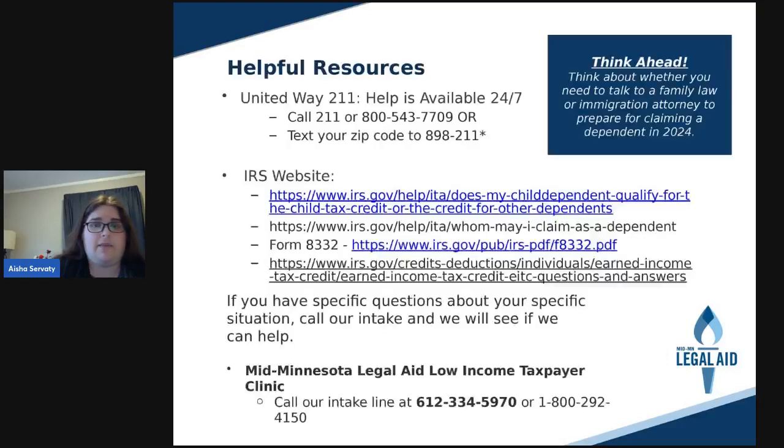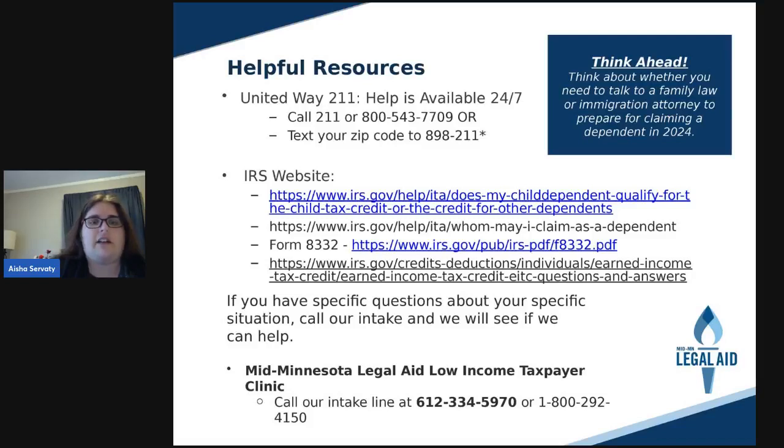So I just want to note some helpful resources. United Way 211 has available help in a variety of areas, not just tax. So they're available by calling 211 or 1-800-543-7709 or texting your zip code to 898-211-STAR.